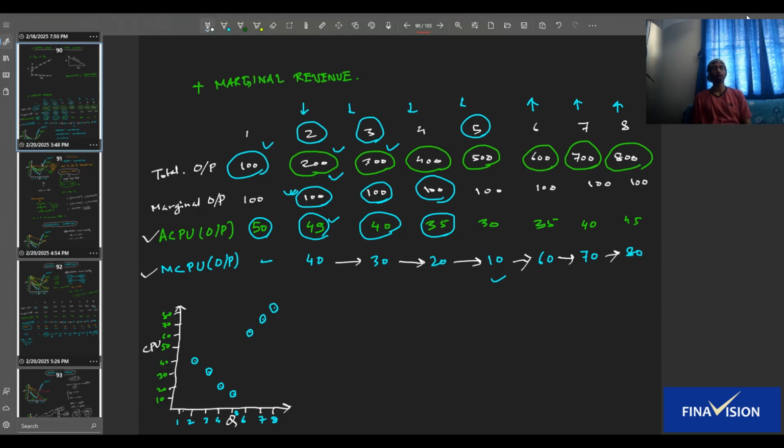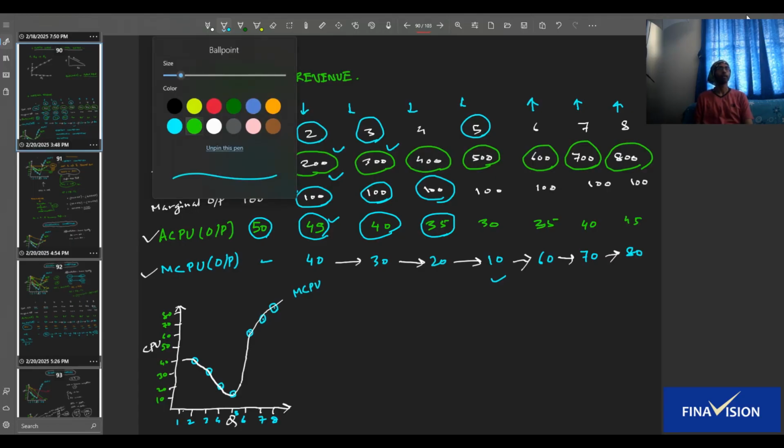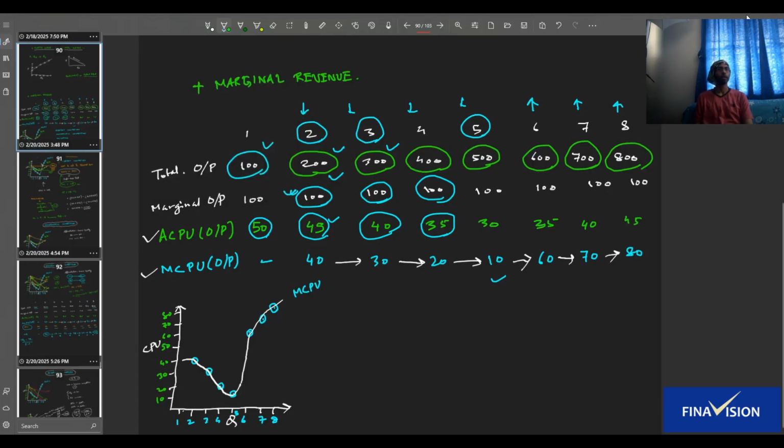Now, we will draw the marginal cost curve based on these points. So this is the marginal cost curve, friends. Marginal cost per unit curve. Now we'll plot the average cost per unit curve. The first one is 50.